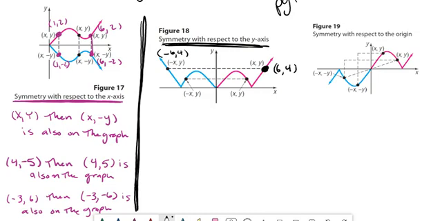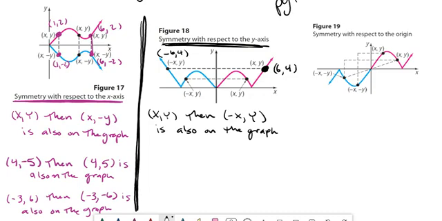So if a graph has symmetry with respect to the y-axis, then we know every given point, the opposite sign of x, comma y, is also going to be on the graph. All right, so just one more time.